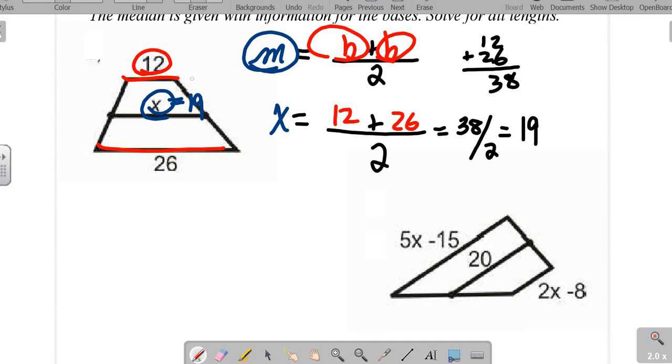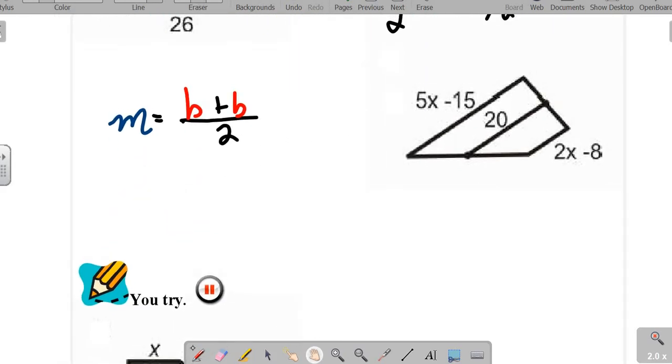Let's try this next one. Once again, equations have two sides with an equal sign. Median equals base plus base over 2. Now we circle, plug, chug.